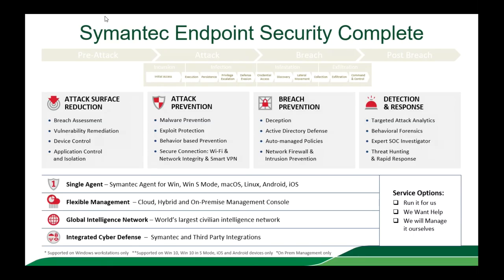Then attack prevention is whereby, for example, malware prevention, whereby you have your antiviruses with their signatures or doing heuristics. Exploit protection and behavior-based protection usually work hand in hand, whereby we check the behavior of this user. If it is not normal behavior, we block it.